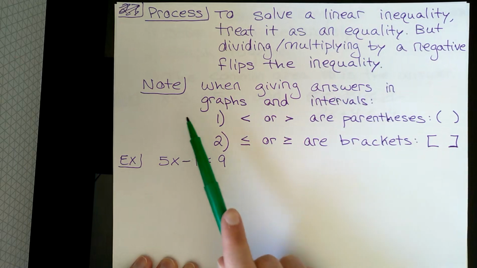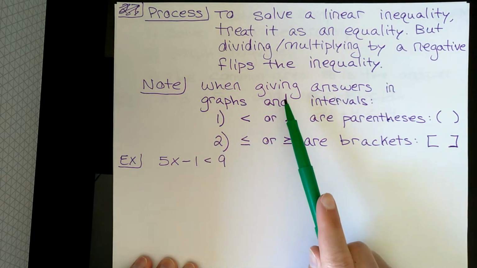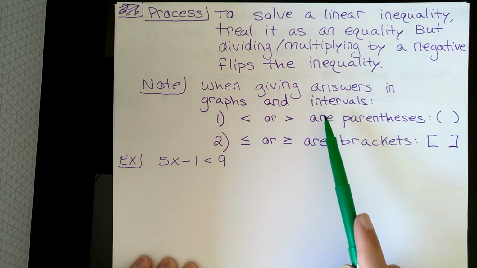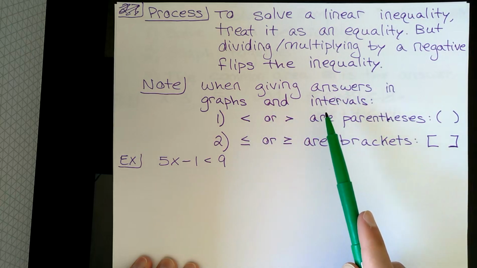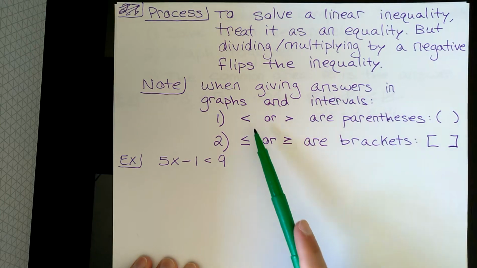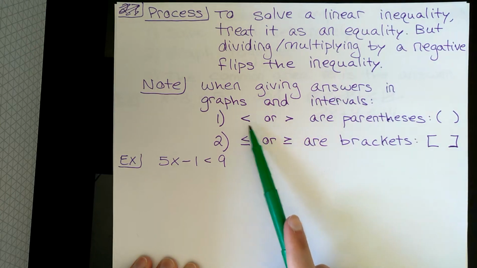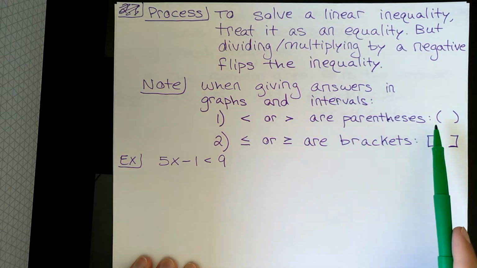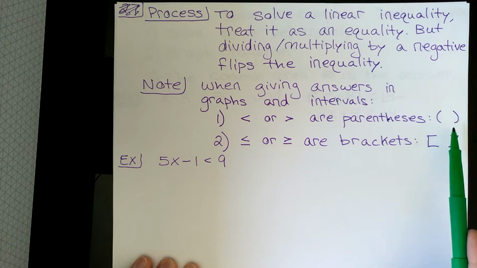From there, a note that we have: when giving answers in graphs and intervals, which is how you give your answers when you're dealing with linear inequalities, if the problem starts with a less than or greater than symbol without an equal sign underneath it, then your answer will contain parentheses.